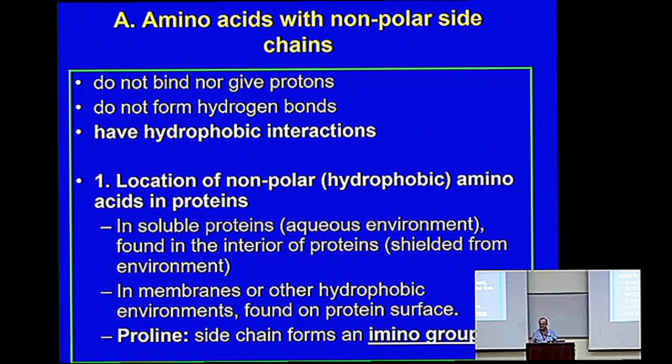There's a few free amino acids in the plasma and the cytoplasm, but really the majority of amino acids are going to be part of proteins. And the nature of their R group dictates their disposition in specific environments.